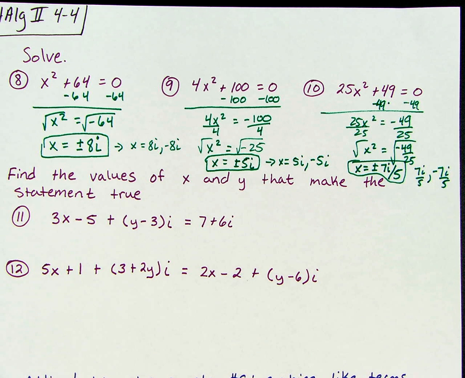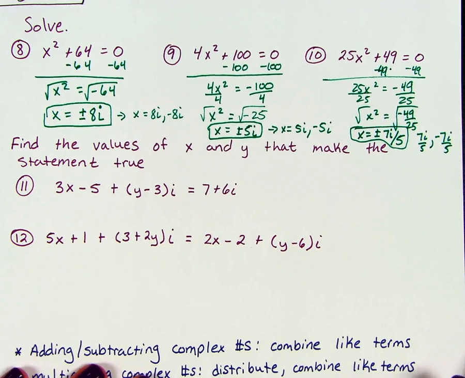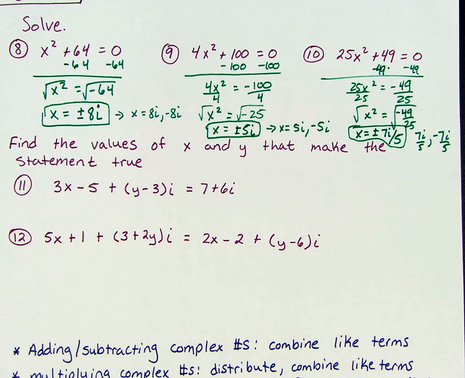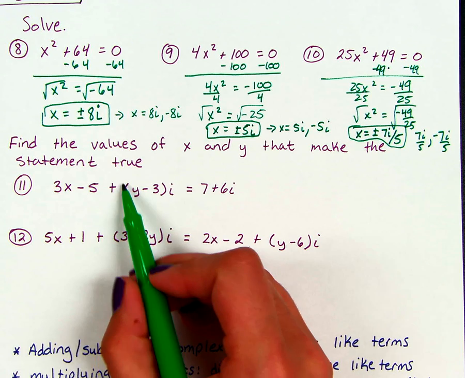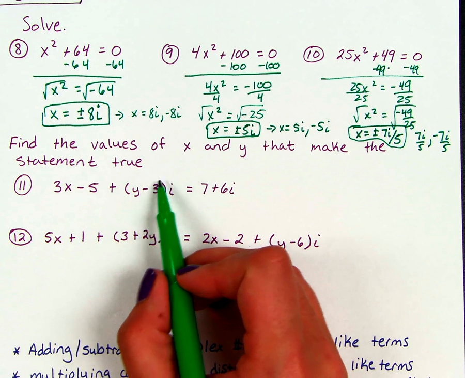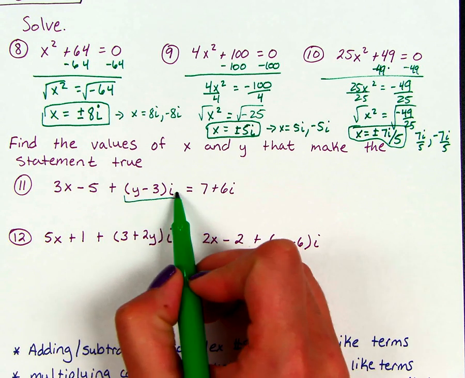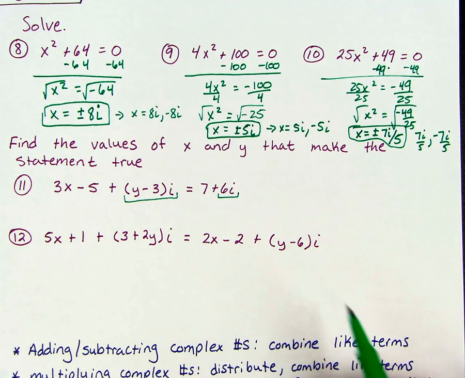All right, the next part, it says to find the values of x and y that make the statement true. So looking at this, we are dealing with a complex number. So remember, a complex number is made up of a real number and an imaginary number. So looking at this, here's the imaginary part. So really, this part has to be equal to the imaginary part.